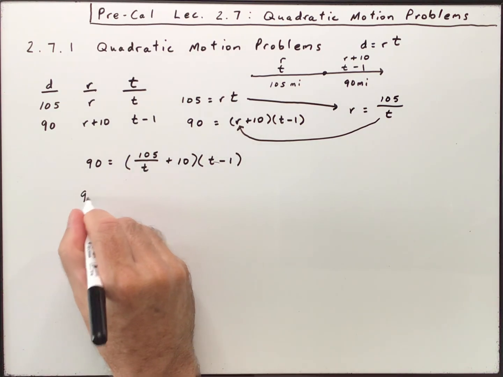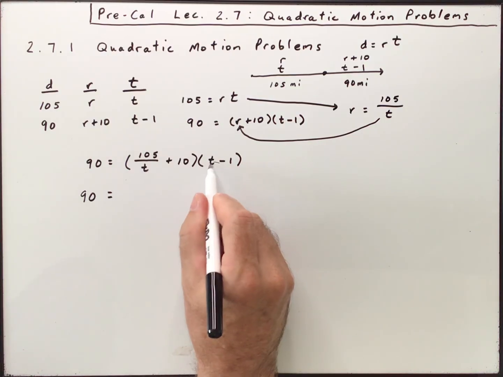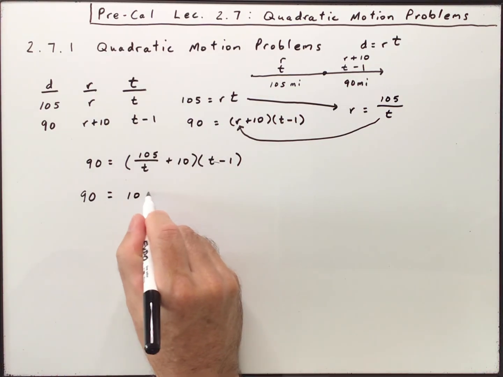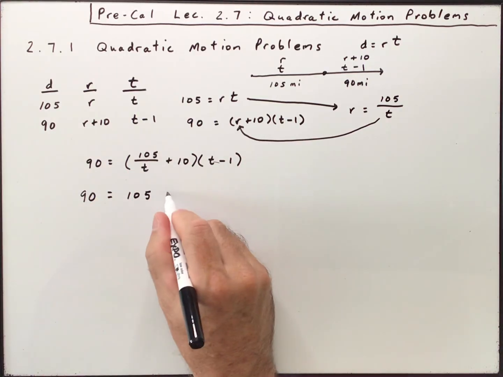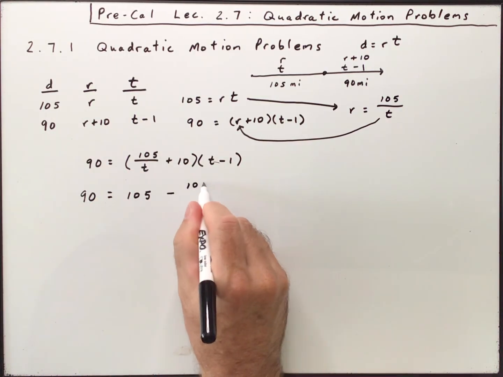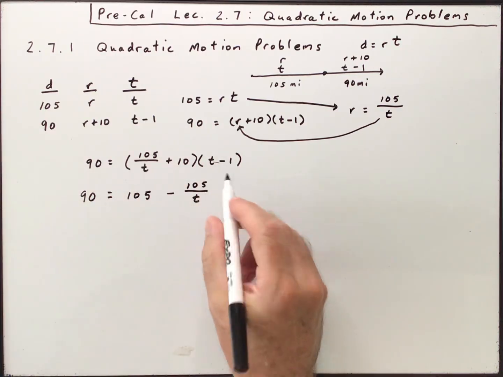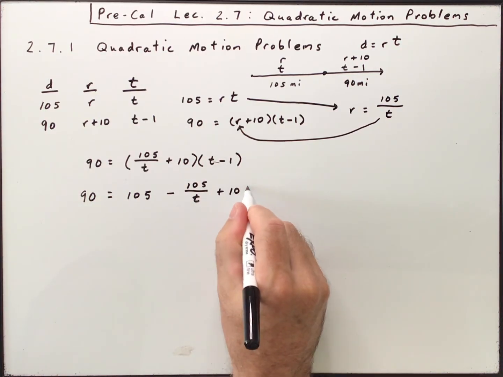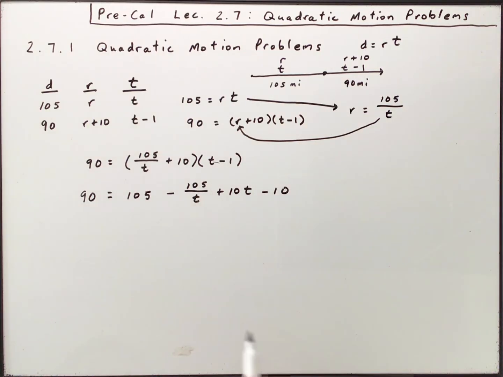So I've got 90 is equal to 105 over t times t. The t's will cancel, and we just have 105. So that's the first. And then we would have minus 105 over t, that's the outside, and then plus 10 times t, that's the inside, and then finally minus 10, that's the last.